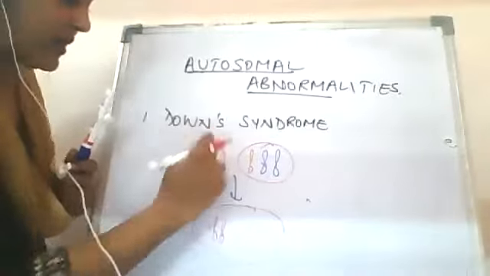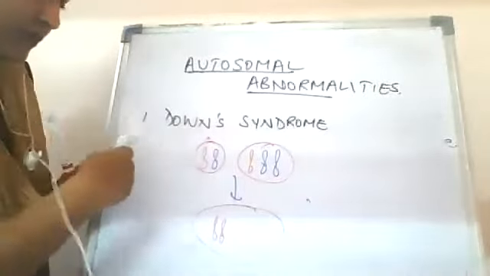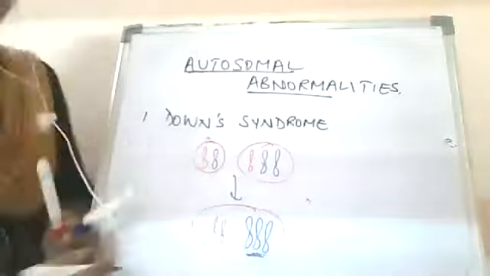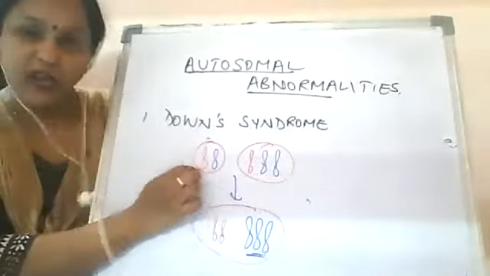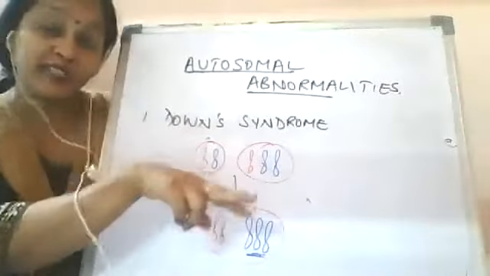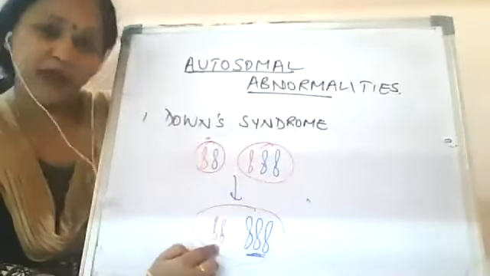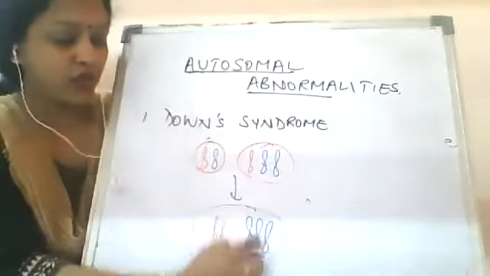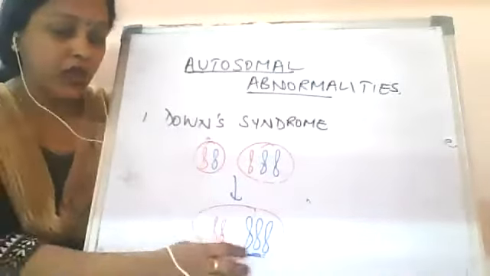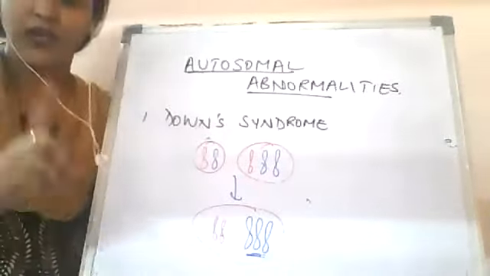Obviously, 1 will come from the normal gamete, and here 1, 2, and 3. Trisomy of this chromosome is occurring: 1 for the normal gamete, 1 for the first homologous pair, and 2 for the second homologous pair. All come together. When they fuse, the total chromosome number becomes normal, but the number of this particular chromosome becomes abnormal. Trisomy occurs; they become 3 in number. This is how a disease like Down syndrome occurs, that is, trisomy of the 21st chromosome.